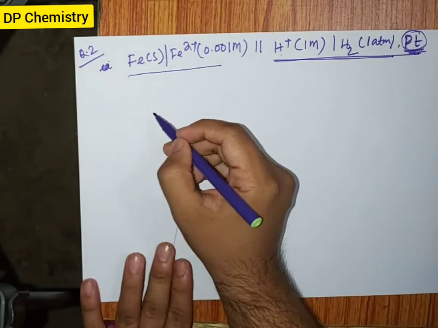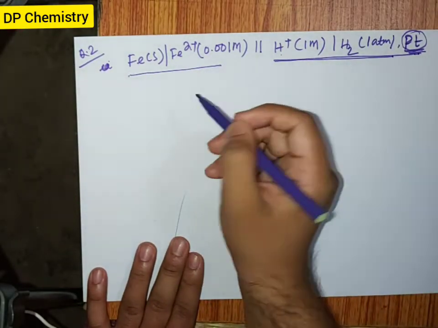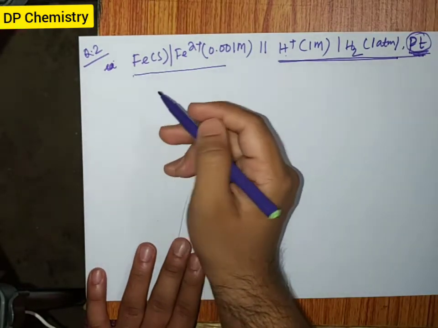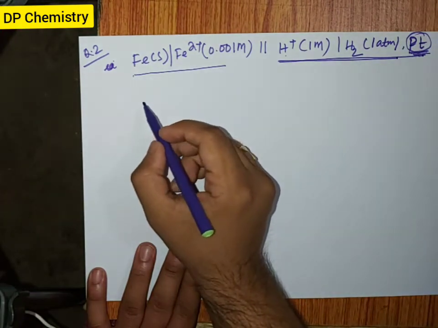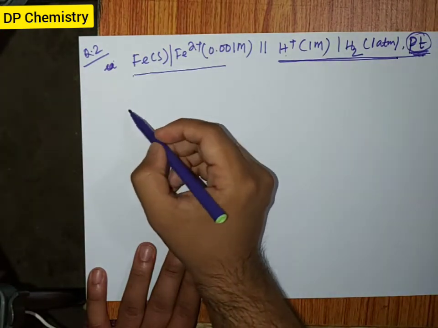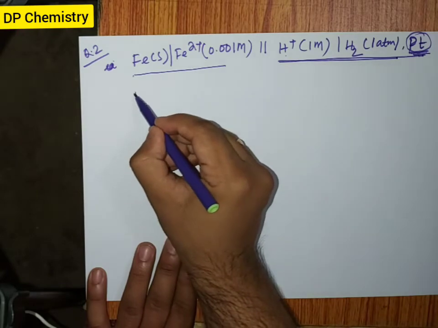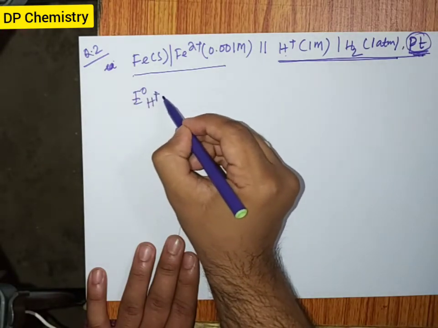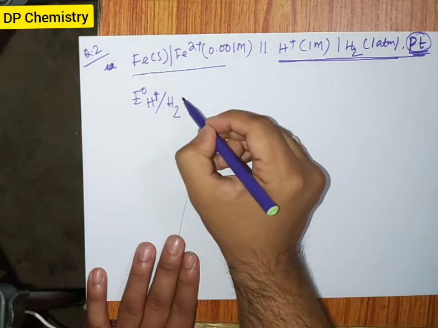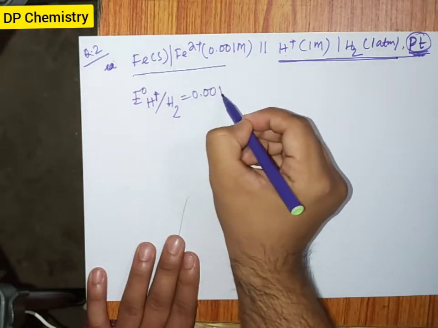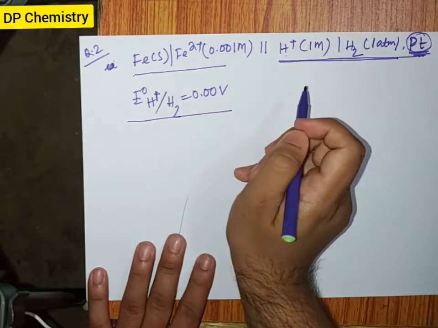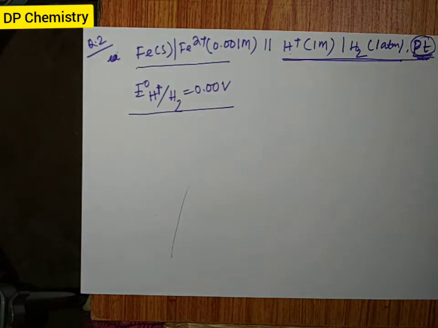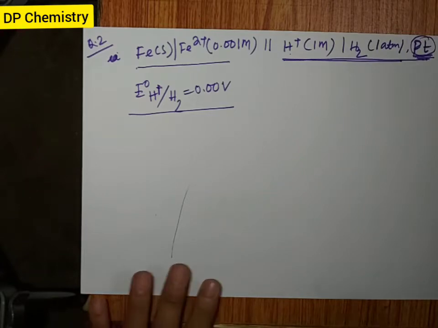Then you have been given the standard values. E naught of H+/H2 is given as 0.00 volt. You know that the standard electrode potential, or standard reduction potential, of the hydrogen electrode is 0.